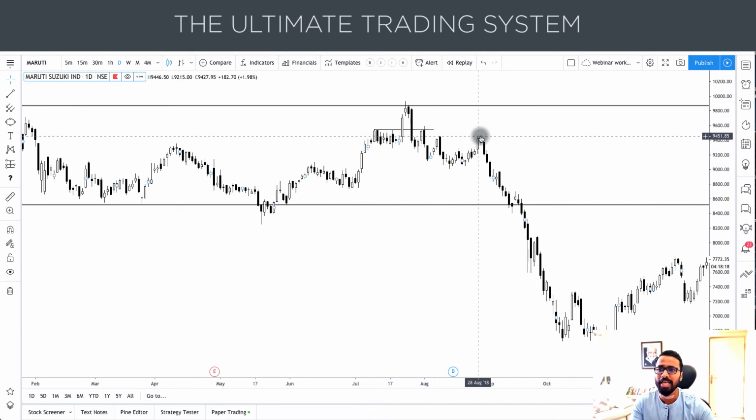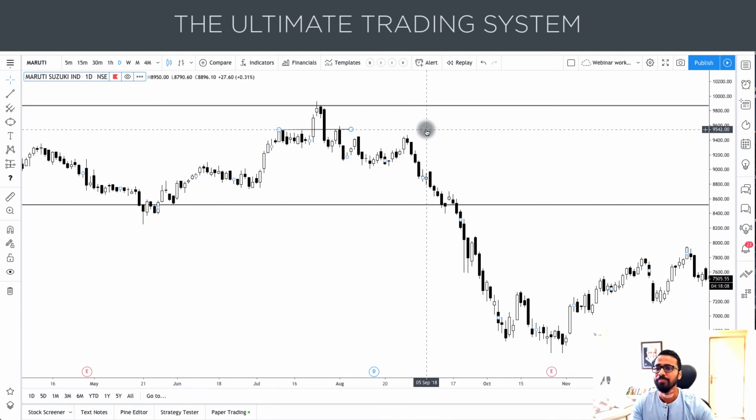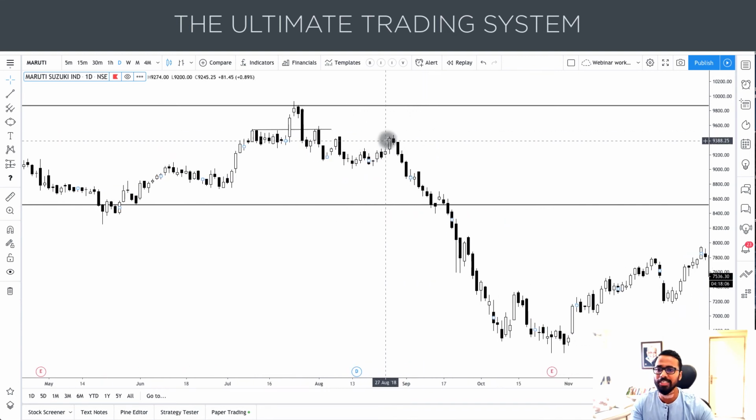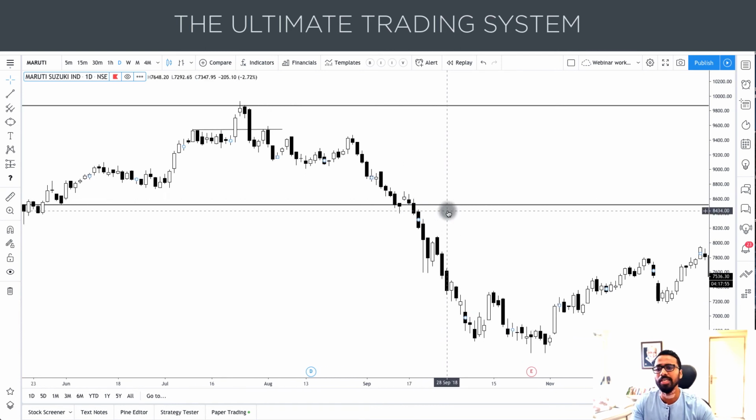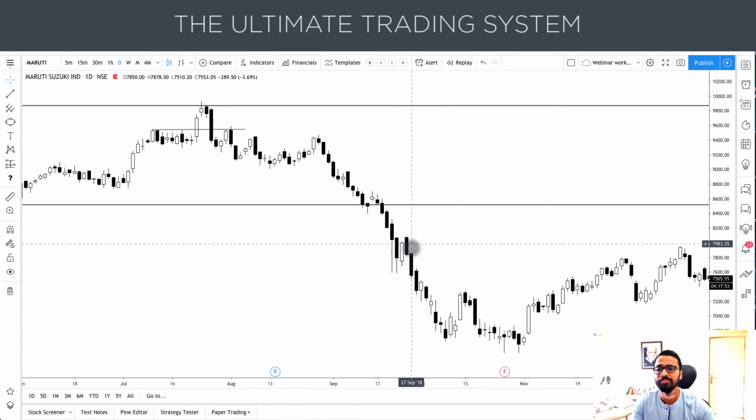That is also almost the midpoint of the big black candle, which acts as the resistance. Now you see you get a trade till here. If you want to buy here, you buy, or you lose. But if this support is broken, then you need to take this trade on the short side. Does that make sense?